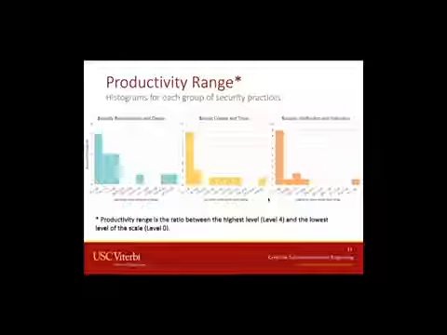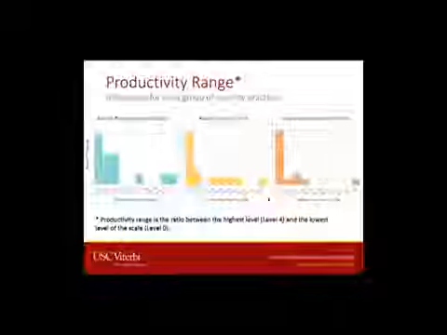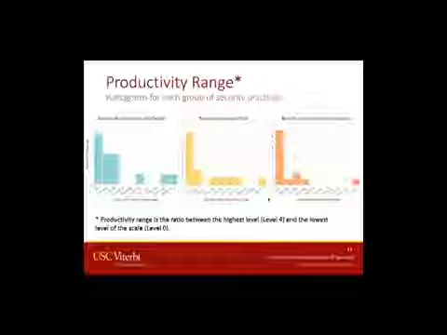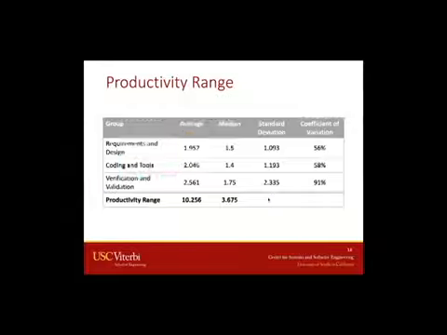For example, a productivity range of 2 means that to apply the practices at level 4, it would take twice more effort compared to level 0. We can see that the results are very right skewed, as most of the answers are concentrated between 1 and 2 for the 3 groups.